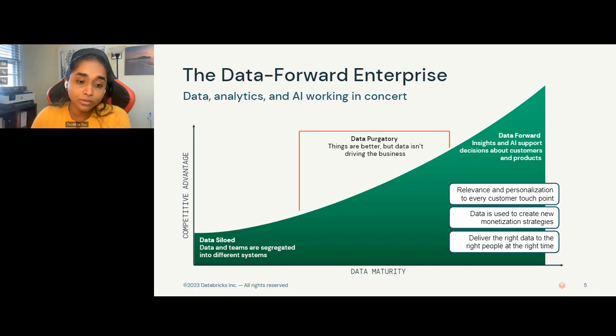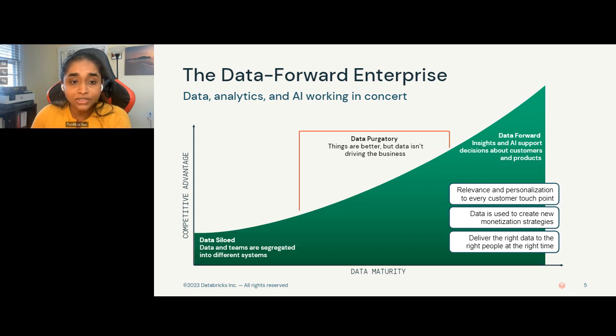The fundamental problems in the way data is managed and used aren't being solved. However, the real goal is to be data forward. At this stage, data and AI are informing every aspect of the business. And I just highlighted some of the use cases around customer engagement, product development, etc.